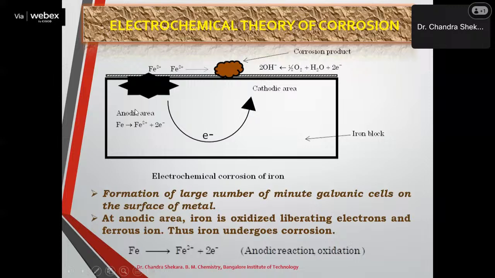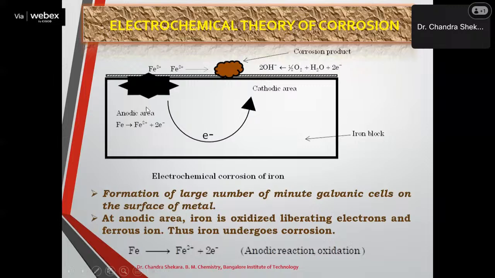At cathode reduction occurs, and cathode is having higher potential. The spontaneous reaction of the galvanic cell is also because of the difference in potential between two electrodes, anode and cathode. Similarly, here also corrosion of the iron metal is because of the difference in potential across the surface of the metal.